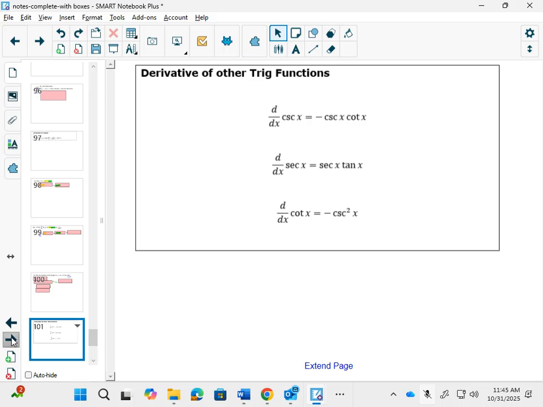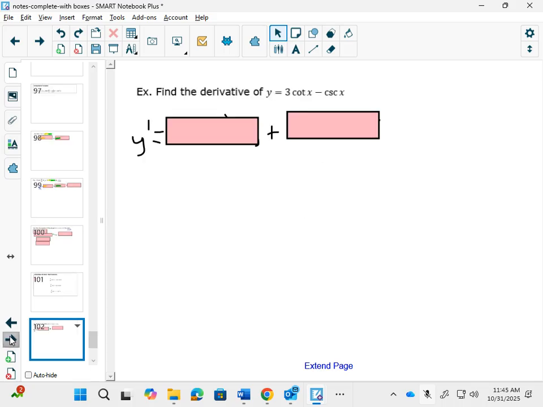So now let's use our new shortcuts. And technically I would say the relationship between tan and secant is a little bit more positive than the relationship between cosecant and cotangent, right? Because you can see that there.